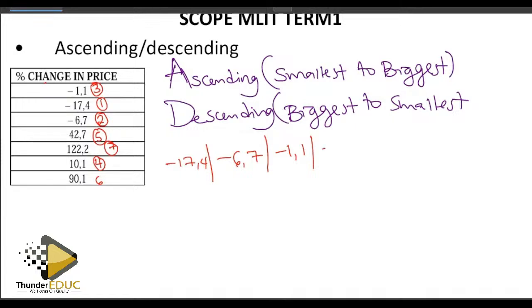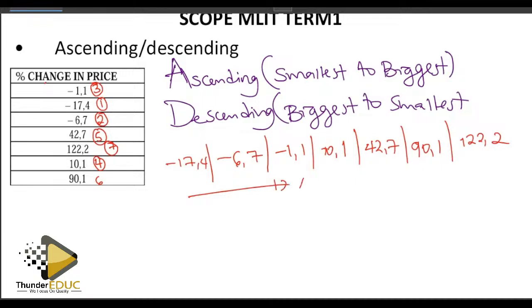So here we went in and we say 10, followed by 42, followed by 90, followed by 100. So this is an example of ascending, from smallest to biggest.